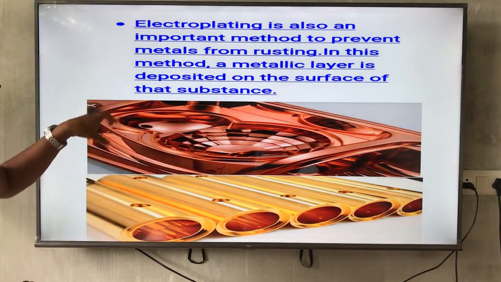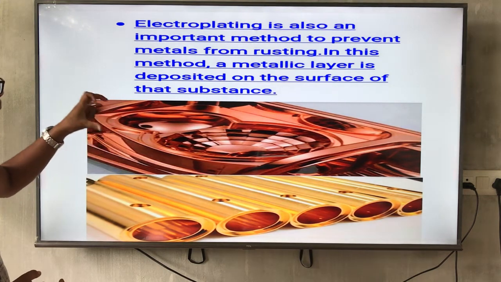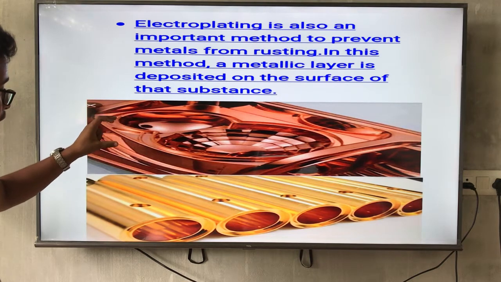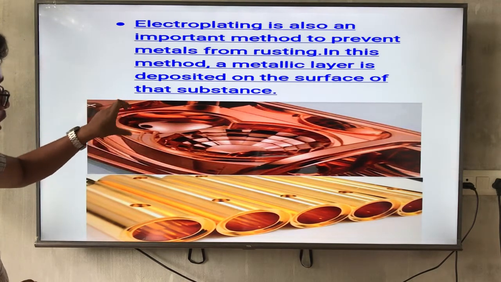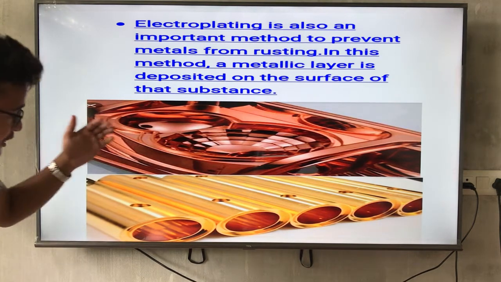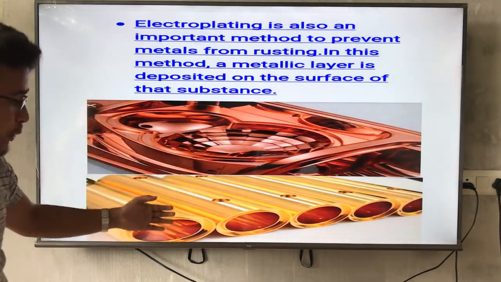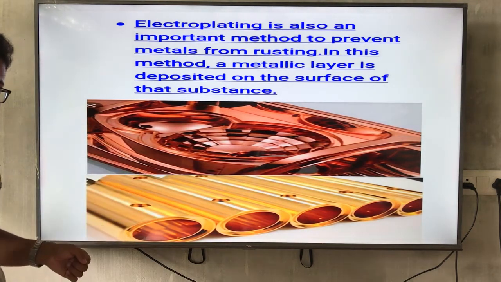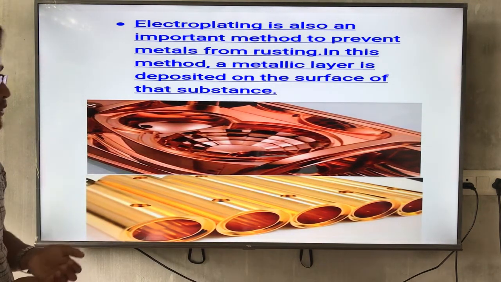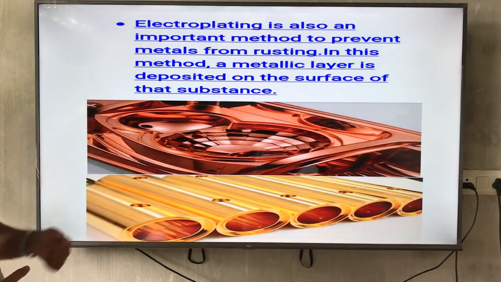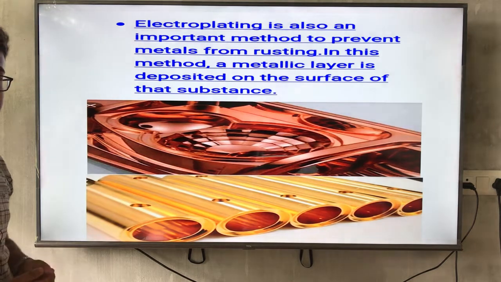Here the metallic layer is copper. In another picture you can see a golden metallic layer. So electroplating means a metallic layer is applied to prevent rust.